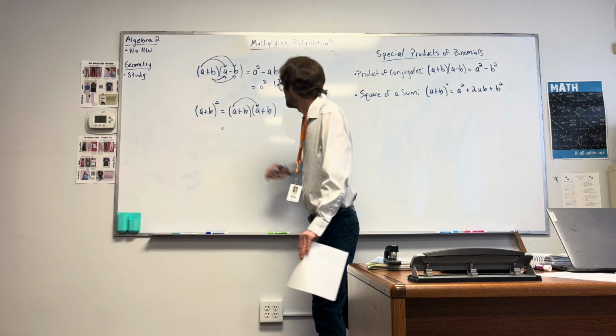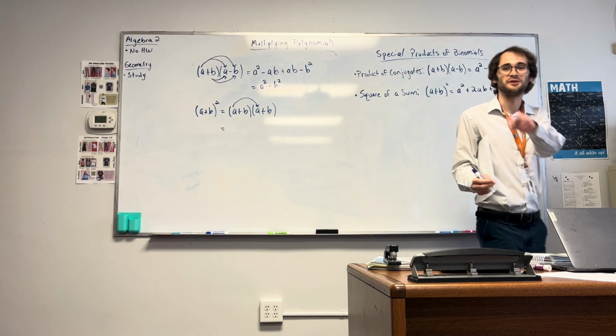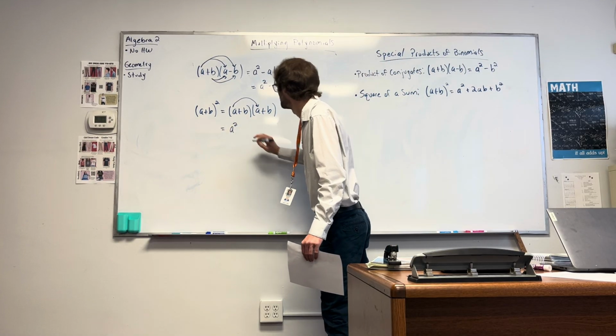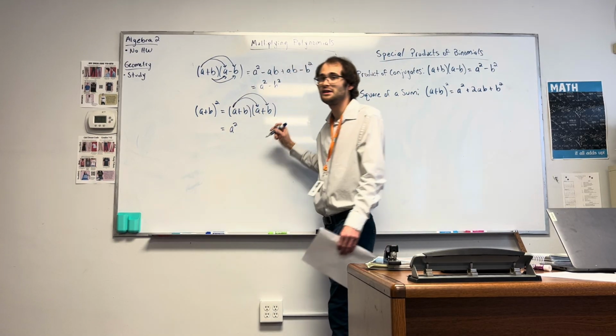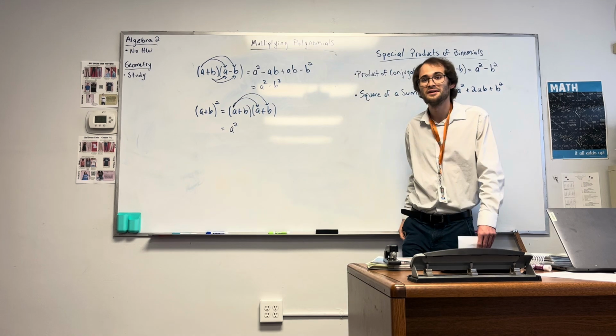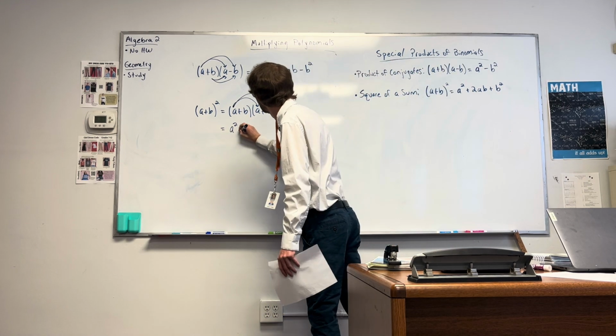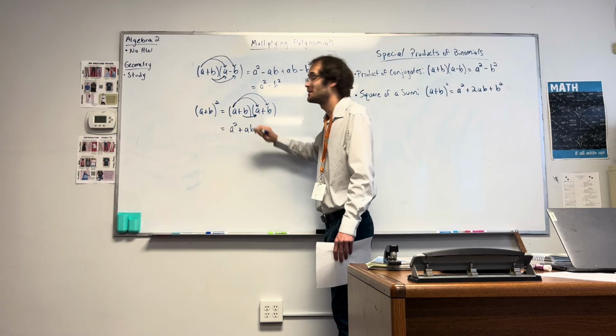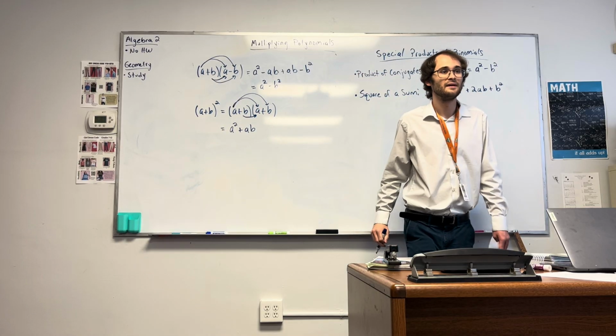A times a. Emma, what's a times a? A squared. Yeah. A times b. Kenley, what's a times b? AB. Okay. B times a. Carter, what's b times a? AB.